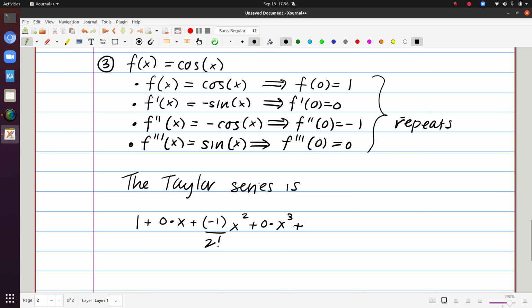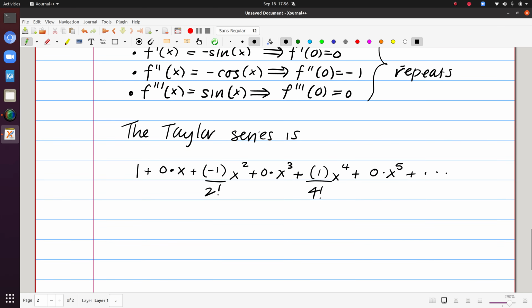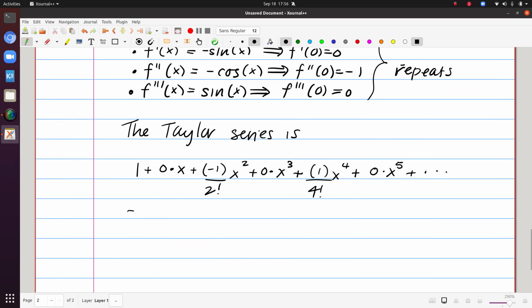This pattern would continue, so we'd have 1 over 4 factorial x to the 4th plus 0 times x to the 5th, and so on, which would simplify to 1 minus x squared over 2 factorial plus x to the 4th over 4 factorial minus x to the 6th over 6 factorial, and so on.